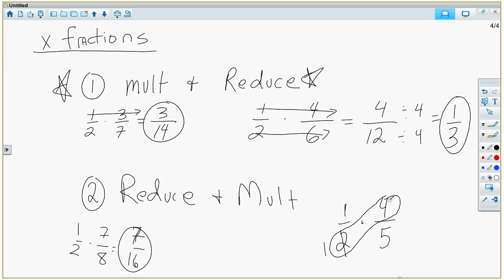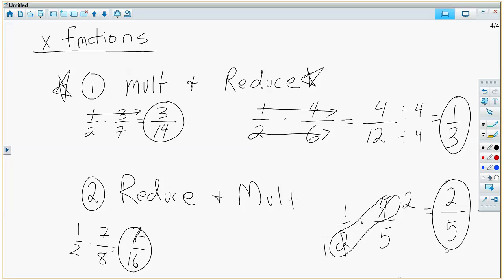And 2 will go into 4 2 times. 1 times 2 is, and 1 times 5 is, and that's an example of reducing, then doing it. Or reducing and multiplying. Does it matter which way you do it? No, I don't care. You do whichever one you want. Just make sure you get the right answer. Okay? That's how you multiply fractions.